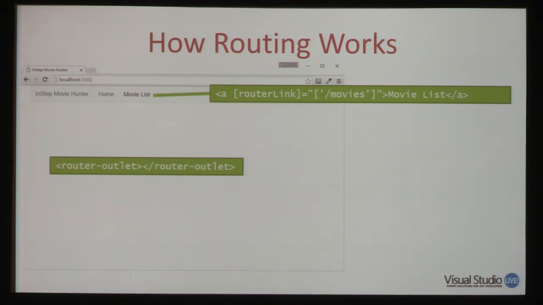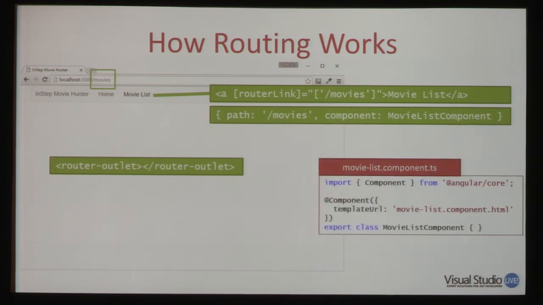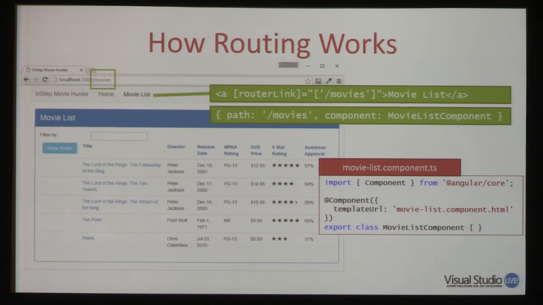Okay, so what Angular does is it says, I understand that if the user clicks on that, I'm going to do the movies path. So it looks up the movies path and says, oh, okay, I want the movie list component. It modifies the address bar. The URL now says /movies. It finds and loads that component, and it displays the contents of it where that router outlet was.